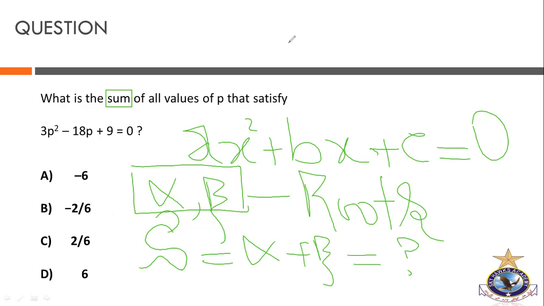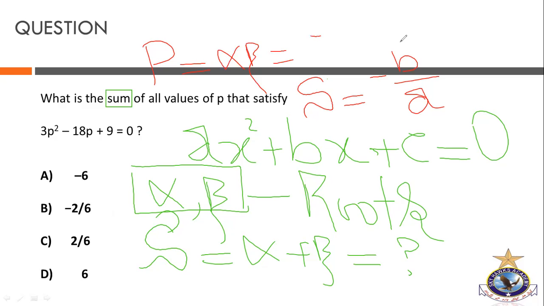You will have to recall this for the quadratic equation: S is equal to minus b over a. And the product P is alpha into beta, and that is c over a. Can you recall all these?